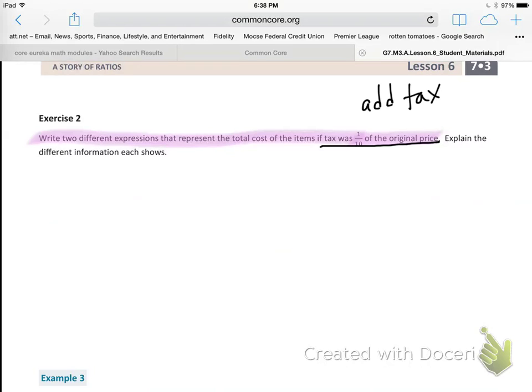All right, let's talk about shirts. We had an expression that looked like this: 1/2 (S minus 10). Now, what's important here is that the tax, and this is silly, but we'll deal with it anyway, was 1/10 of the original price of the shirt.